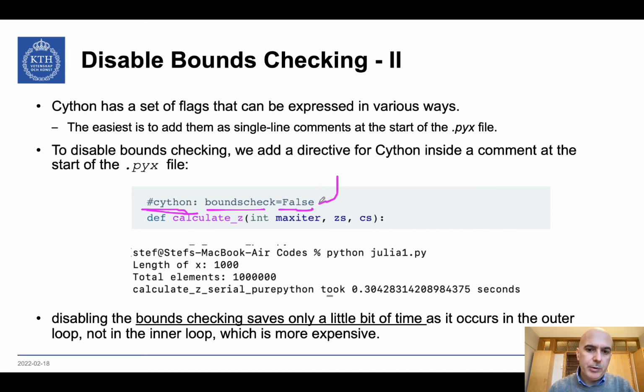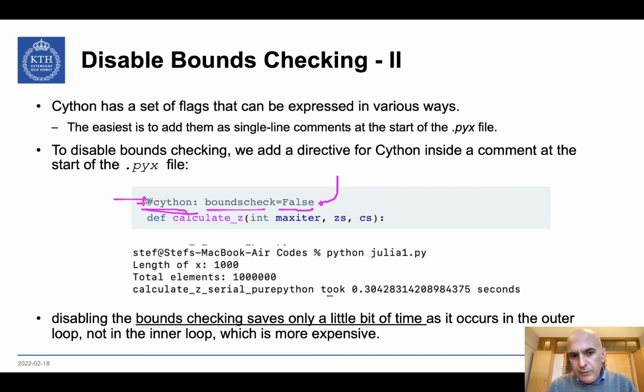This will tell the compiler to remove the bounds check. There are other ways, for instance decorators, but one simple way is just to add these lines of code at the beginning of our Cython function.